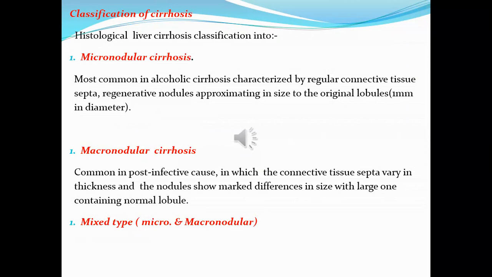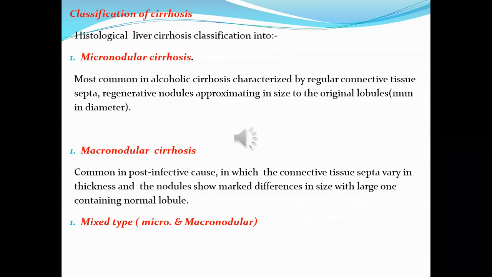When taking histopathology of the cirrhotic liver, micronodular cirrhosis, the most common in alcoholic cirrhosis, is characterized by regular connective tissue septa with regenerative nodules approximating the size of the original lobule, less than 1 millimeter in diameter. Here the nodules are similar in size, small, regular, the same in size, called micronodular, with alcohol the common cause.